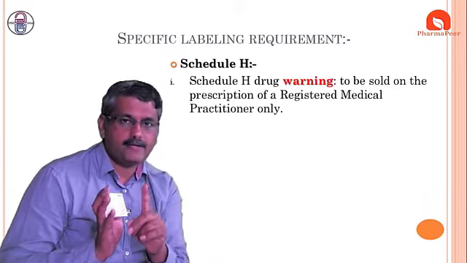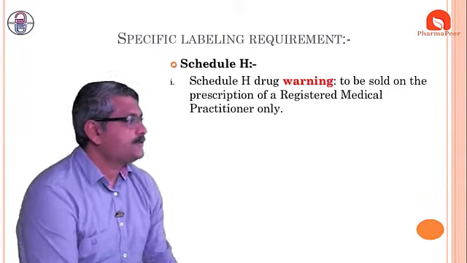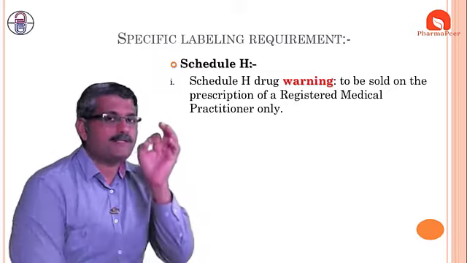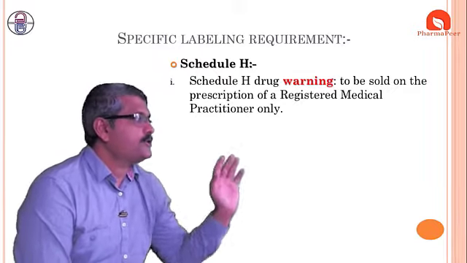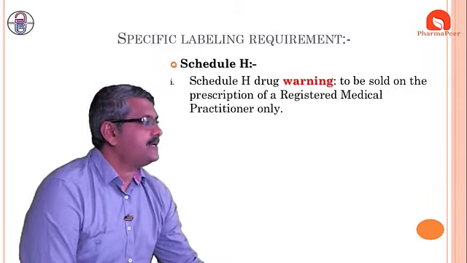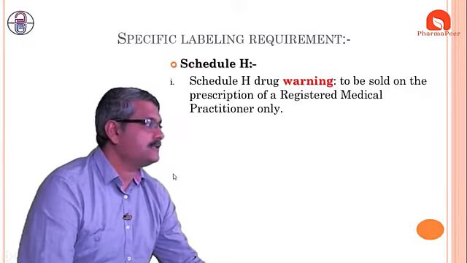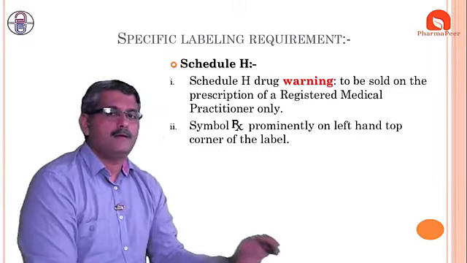Try to observe it. If it is a Schedule H drug, there is a warning: to be sold on a prescription of registered medical practitioner only. That is the specific condition mentioned over there.